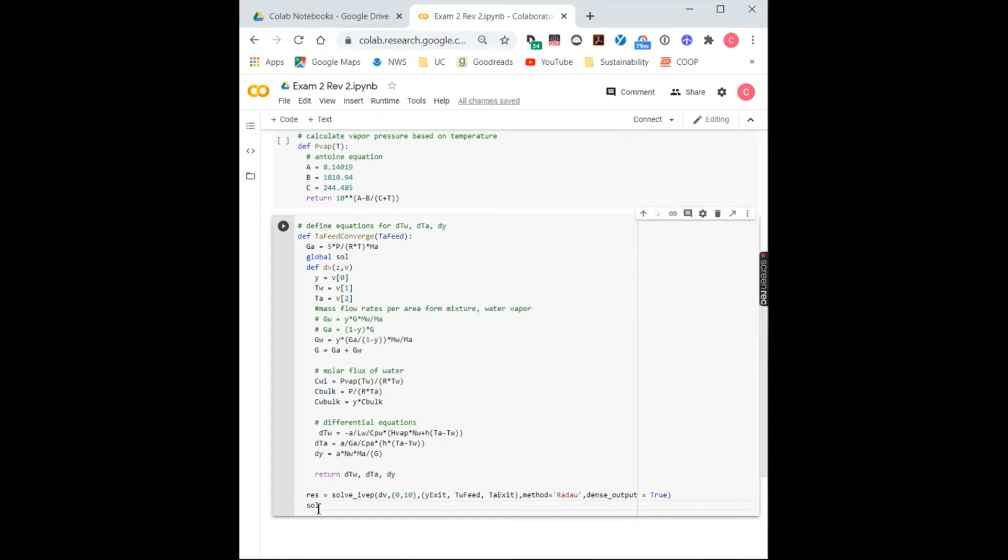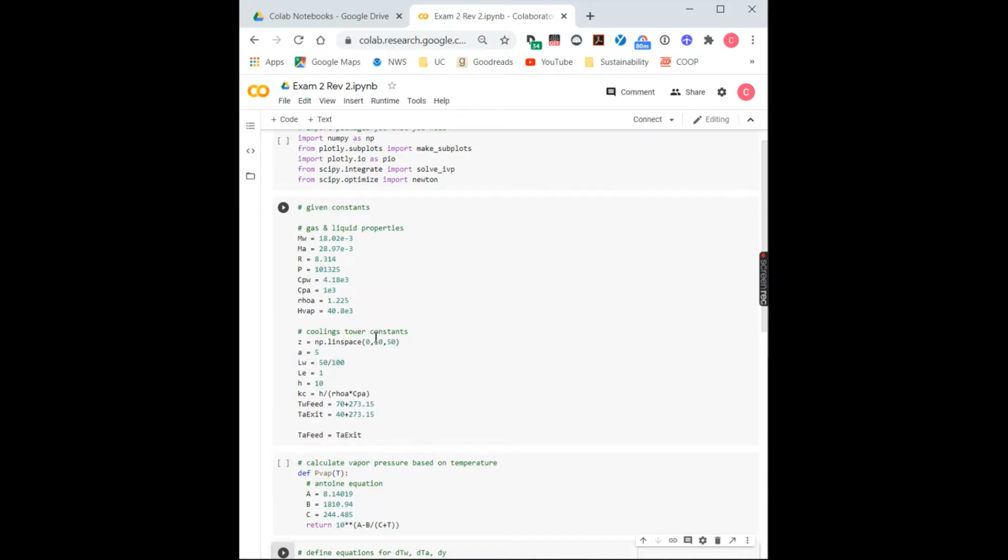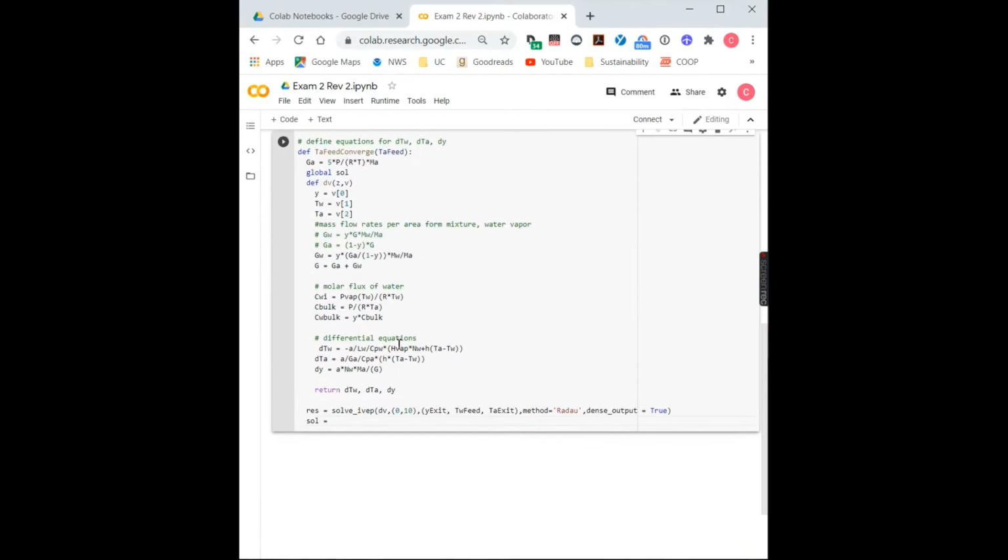We can then find our solution to these differential equations over a range of z values, which we defined up here as these 50 values between 0 and 10, by taking the result of this solve IVP function for our value z.